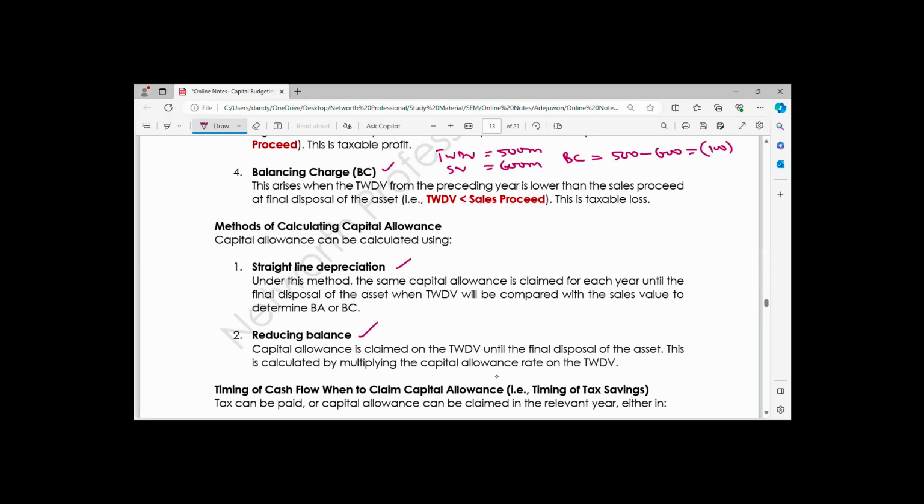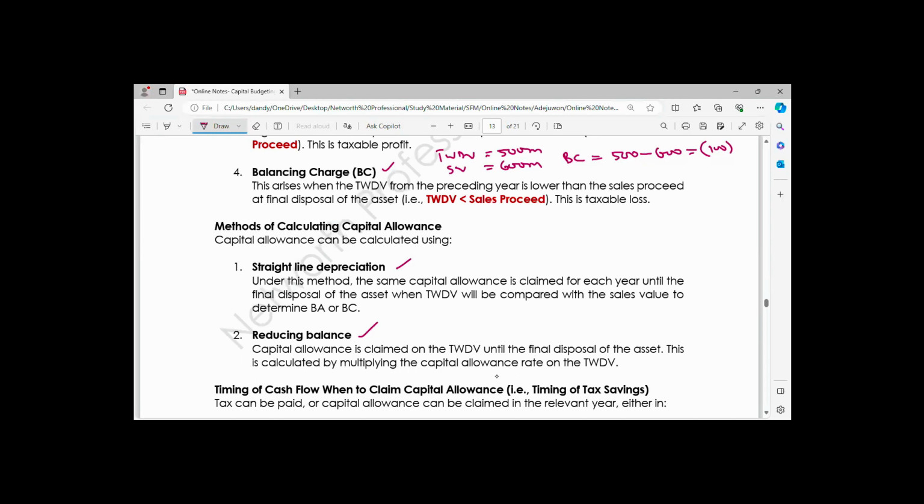But if you are using reducing balance basis, of course, you are going to be multiplying the capital allowance rates on the tax written down value, again until the final year, when you are going to consider the difference between the tax written down value and the sales proceed, whether it will result in balancing allowance or balancing charge.